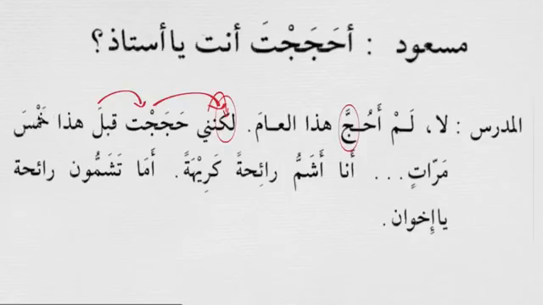So if we refresh our memory for numbers, we know 3 to 10 is a combination of mudaf, mudaf ilayhi, and the ma'dud is in the plural. So marratun, khamsa marratin. So لا لم أهج هذا العام لكنني هججت قبل هذا 5 مرات.